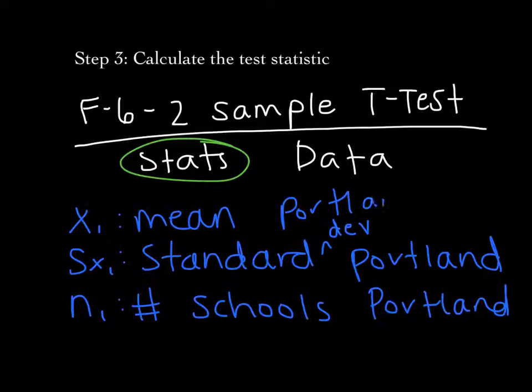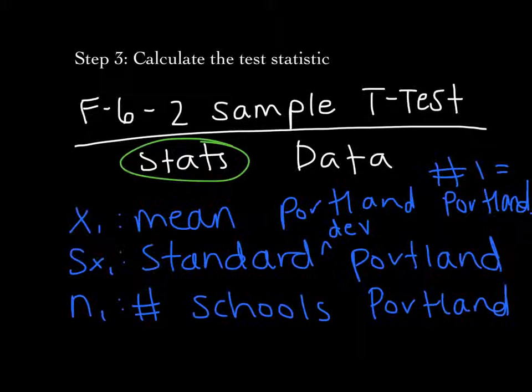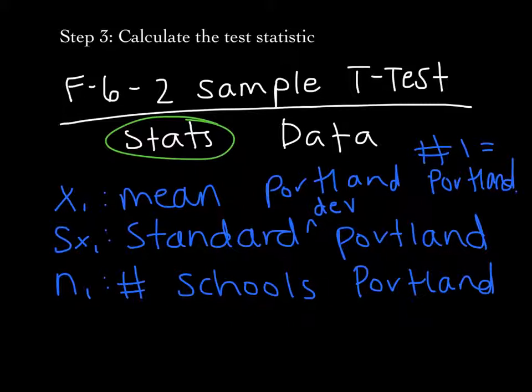So all of the ones are Portland. For mean 2, Sx2, and N2, we're going to use the data from the Beaverton schools.